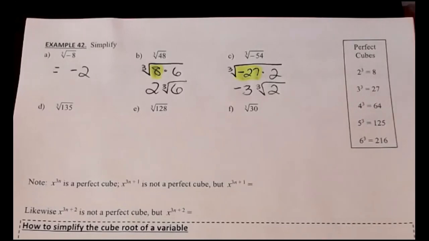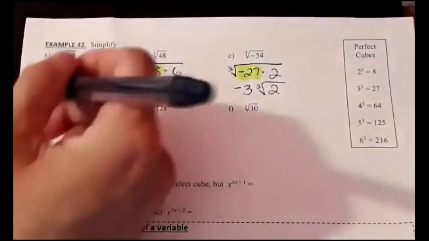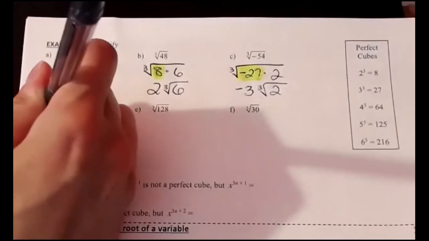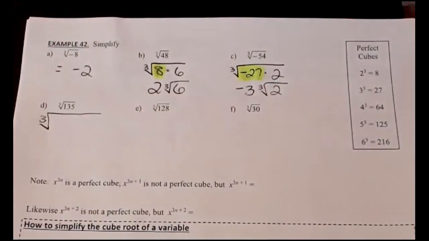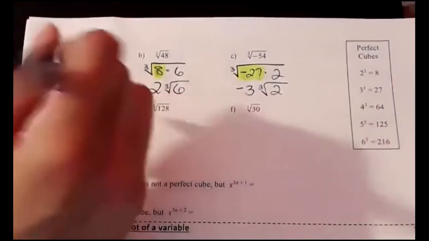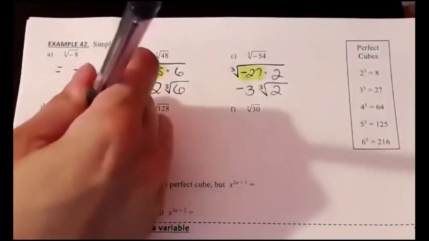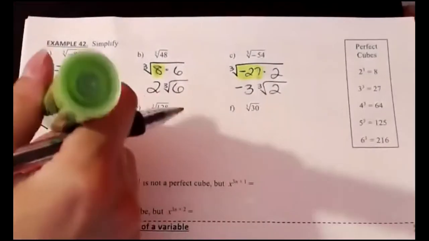Okay, Nung, what are you finding? What is the perfect cube that divides evenly into 135? 27. Yes, 27 times what gives you 135? 5. Perfect. Let's highlight our perfect cube.